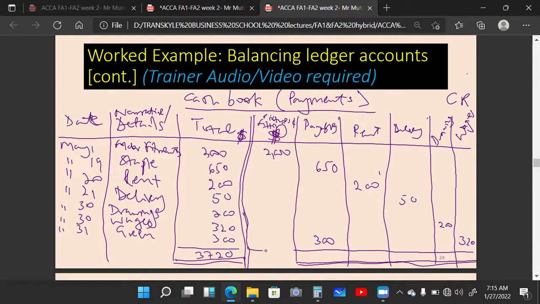Then we have to total again here, 2000. I prefer putting a comma here, but you can just write without a comma, it doesn't matter. And 650 plus 300, that's 950. That's 200. That's 50 here. That's 320.